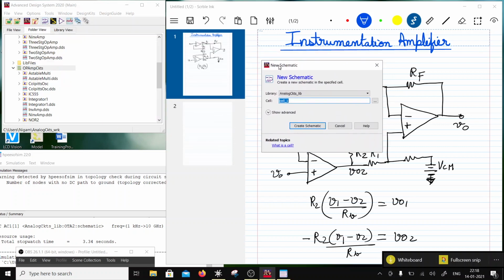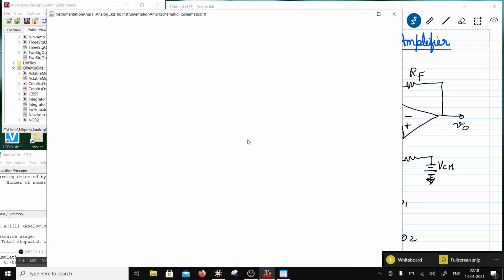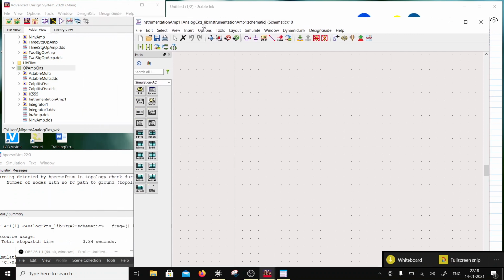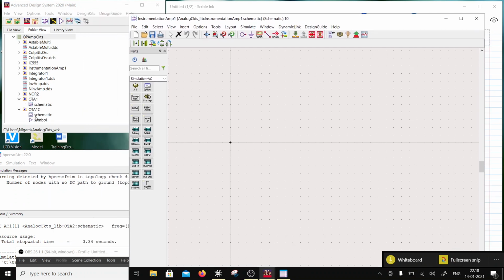Okay, so instrumentation amp1. Okay, so this is instrumentation amp1. So what I'm going to do is, first I'm going to use a 3-stage op amp.